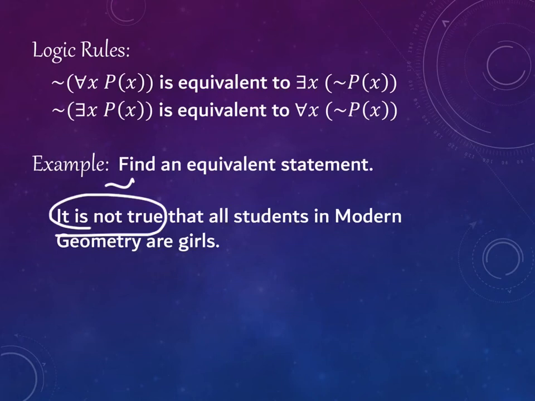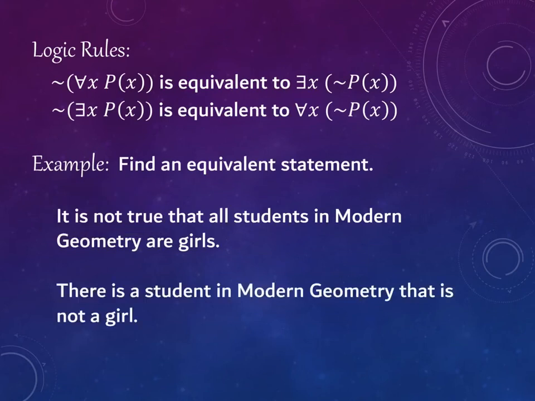Right. There exists a student. All it takes is one. There exists a student in modern geometry that is not a girl. So these two statements are equivalent because I've removed the it is not true from in front of it, and created a statement that sounds more grammatically correct for English, doesn't it?